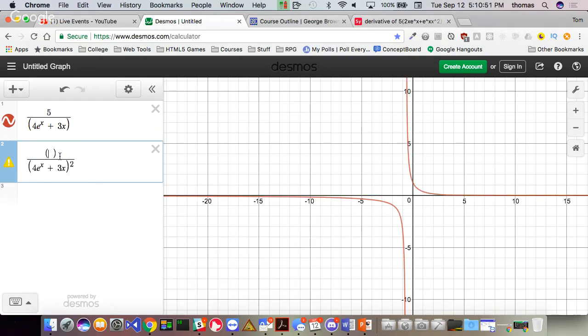All right. So div top, 0, times the bottom, it's still 0. Minus, this is where the minus is. Minus div bottom, which again is 4e to the x, plus 3. So that's the bottom times 5.